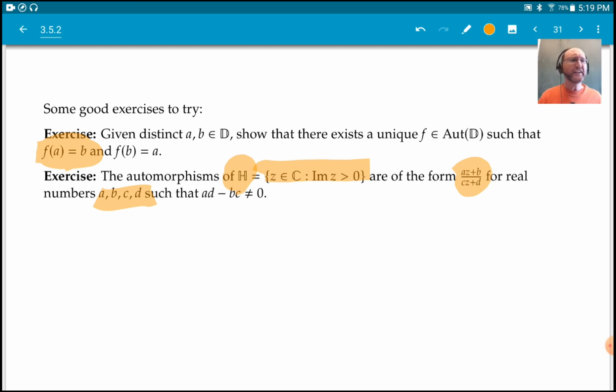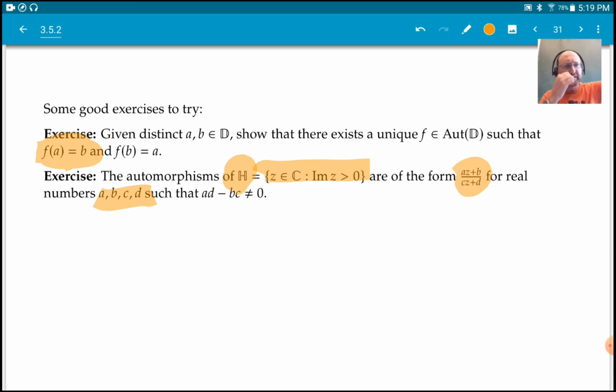And if you had some domain that was not equivalent via an LFT, but you had some other biholomorphism, then you could again figure out the formula for the automorphism group, given the equivalence with the unit disk.